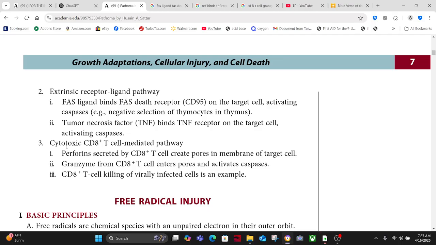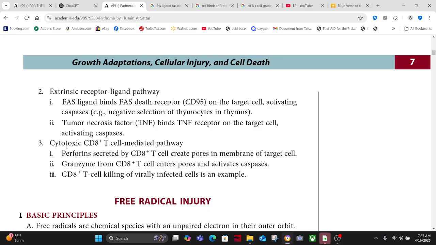The perforins secreted by the CD8 positive T cell create pores in the membrane of the target cell. Granzyme from the CD8 positive T cell enters the pores and activates caspases. CD8 positive T cell killing of virally infected cells is an example.